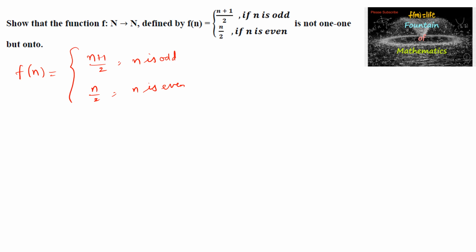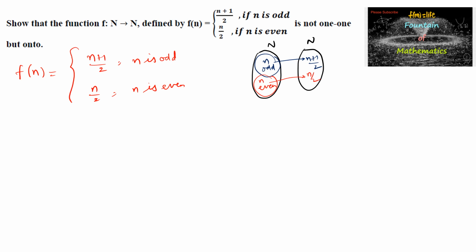So here we can just show in the diagram a function defined from N to N, so that if n is an odd number, you are getting the image as (n plus 1) by 2. If n is an even number, you are getting n by 2.